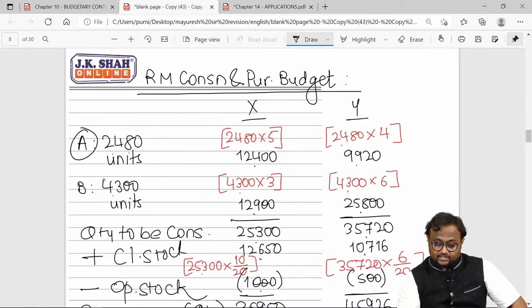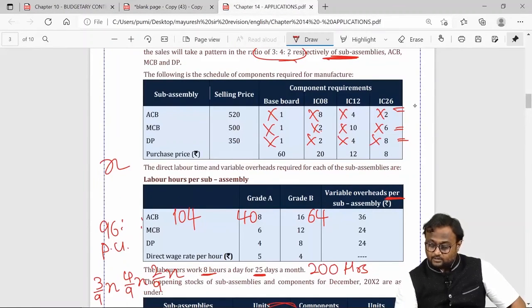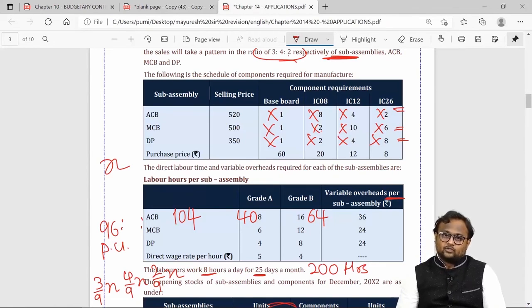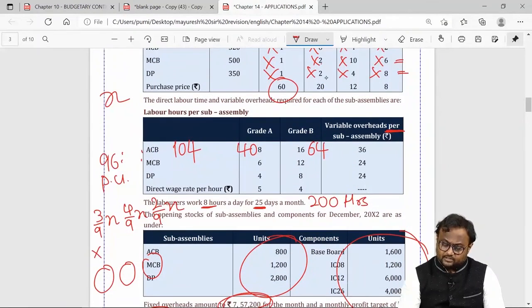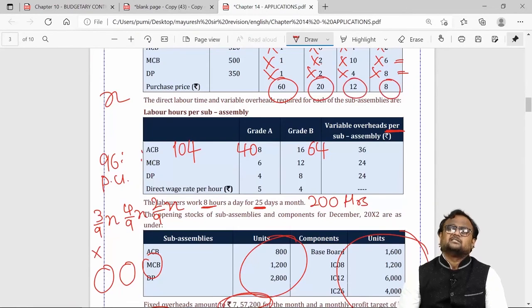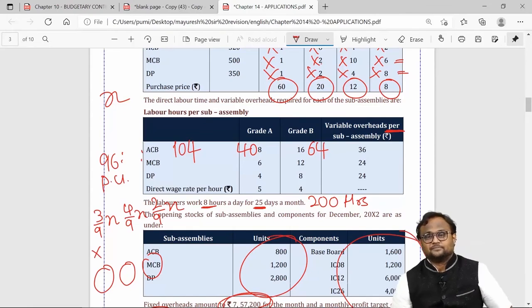Write down how much of ACB to be produced, how much of MCB to be produced, how much of DP to be produced, multiplied by straight away these figures will directly give you the consumption quantity. Add closing stock, subtract opening stock. Your opening stock is available. Closing stock will be 10% less than this, 90% of this, you will get material to be purchased. Apply these prices, you will get the purchase budget. This is the exact replica of whatever we have done earlier.